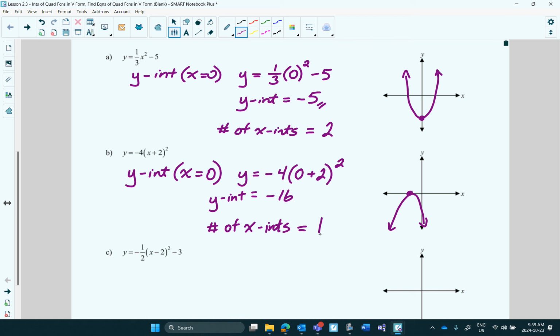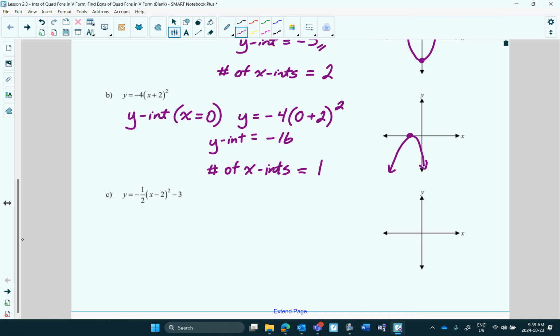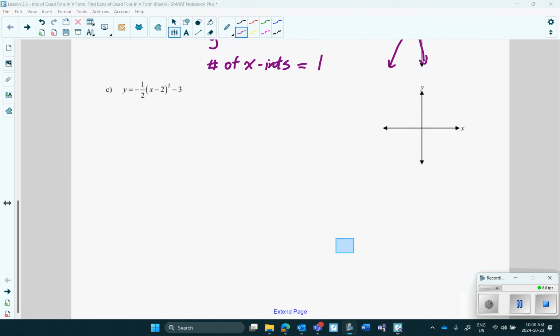Now C. So x is 0. So we're going to get a pretty complicated one here.